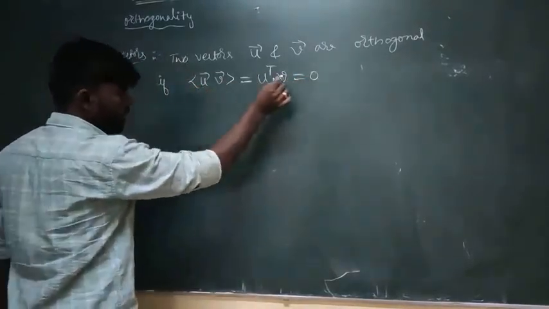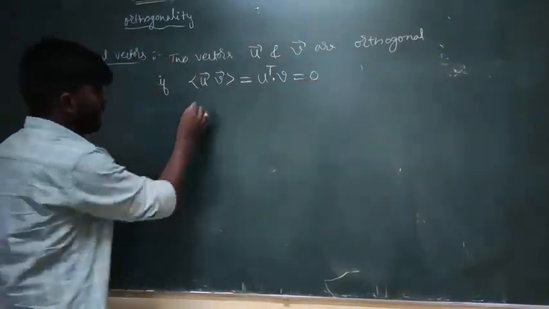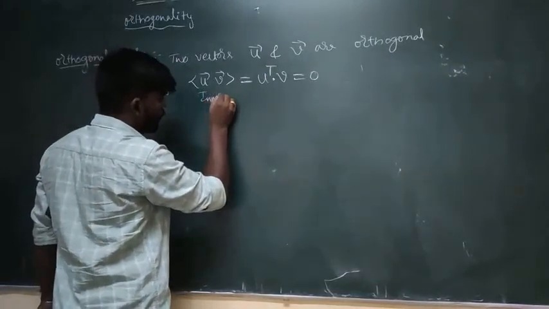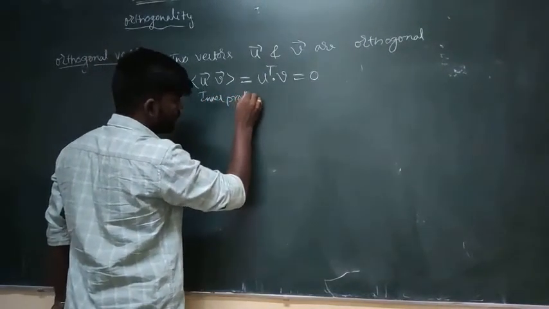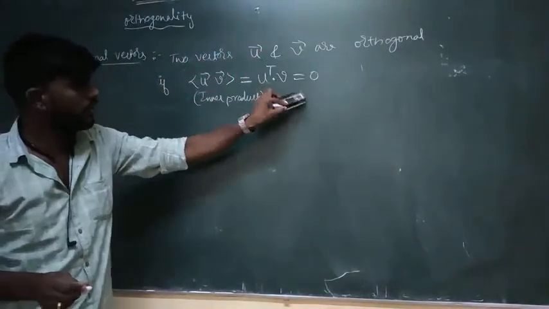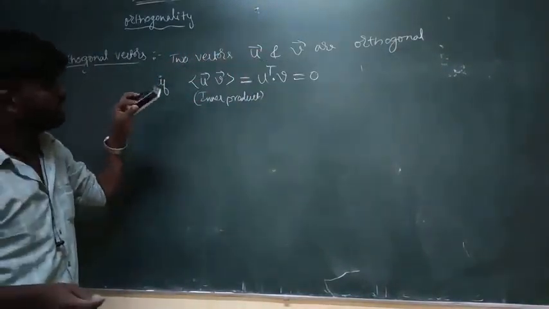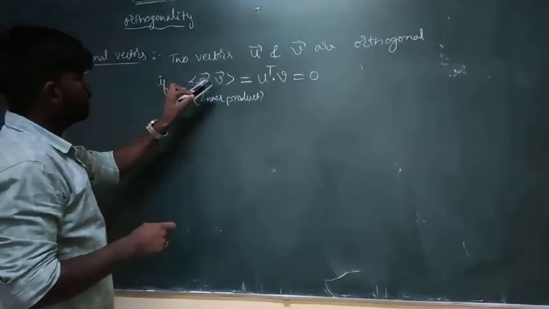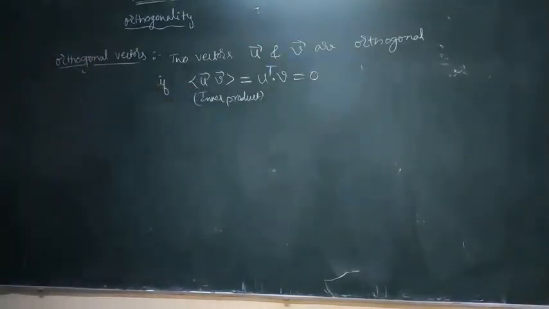If the inner product of these two vectors is 0, then we say these two vectors are orthogonal vectors. Okay, so now we will see an example on orthogonal vectors.